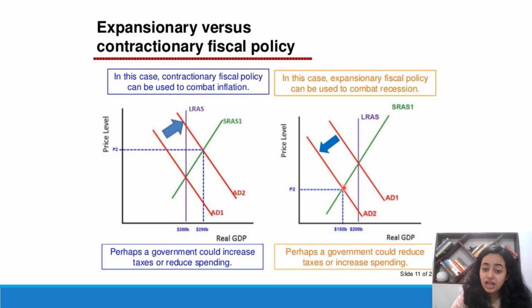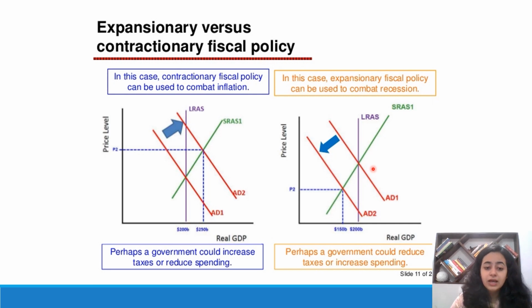Now, if the government increases its expenditure, the AD curve shifts upward and it can intersect with the short run aggregate supply at this point, where it also intersects with the long run aggregate supply curve. So this is the situation where we land at the full employment level using the expansionary fiscal policy.